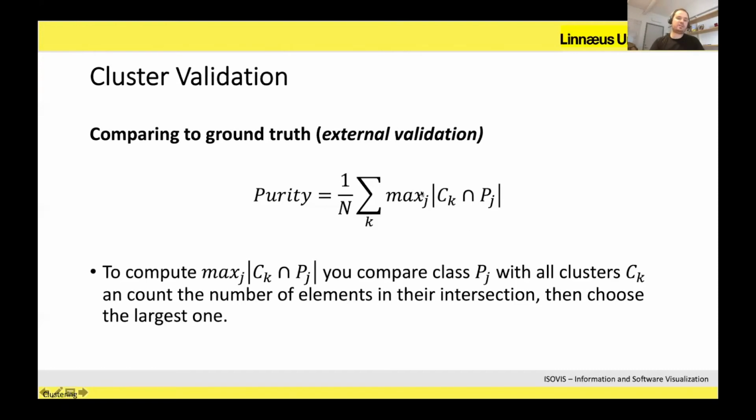And then finally you say, okay, how many points are actually correctly predicted to be in this class by this cluster? Then you sum everything, and that's your purity. So your purity is like how many points the cluster has gotten right, because it is also in the correct class. It almost feels like supervised learning in this case, but it's not.